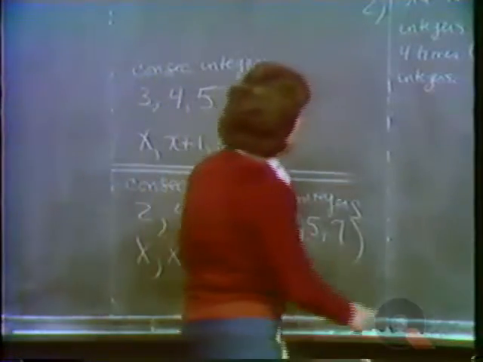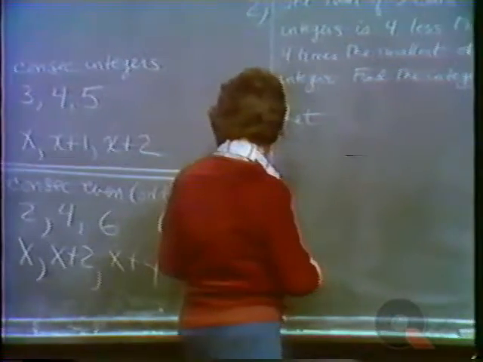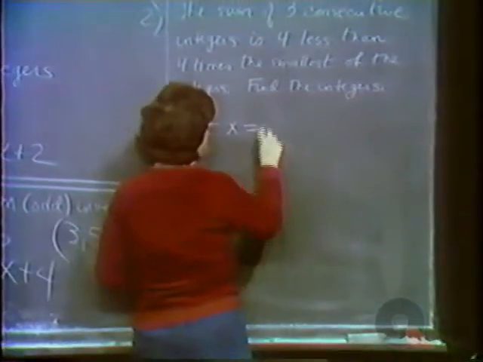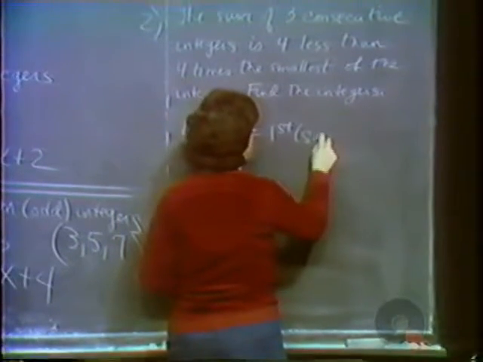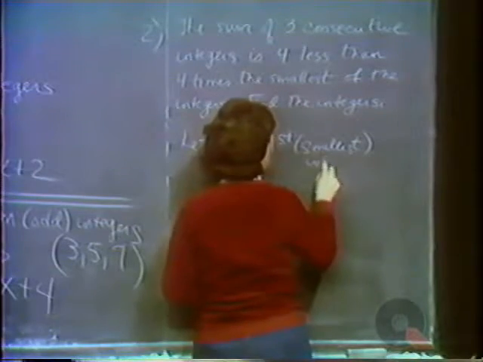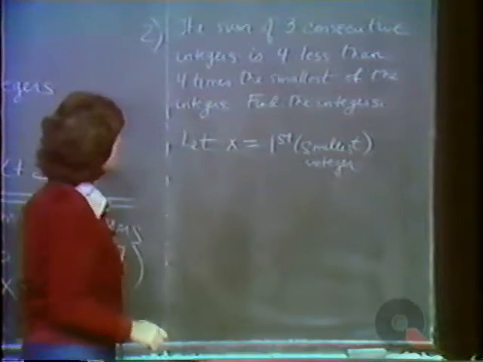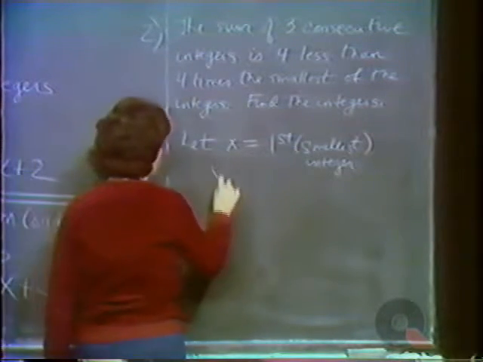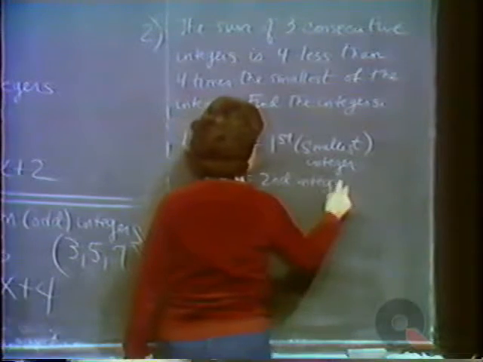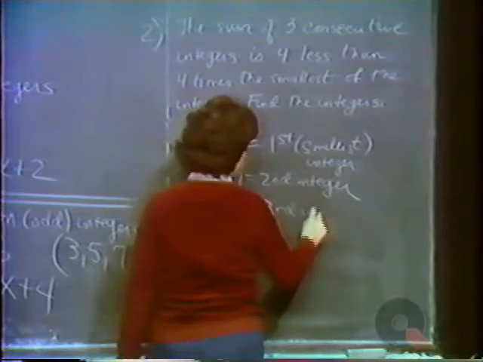Okay, keeping that in mind, we can go over here. We can say, let x equal the smallest of the integers, x equal the first or the smallest of the integers in this sequence, and then x plus 1 would be the second integer, and x plus 2 would be the third.